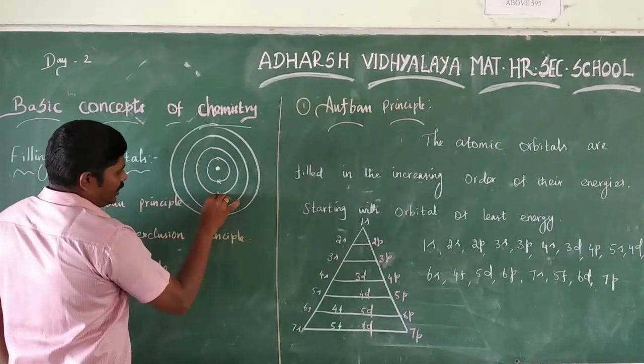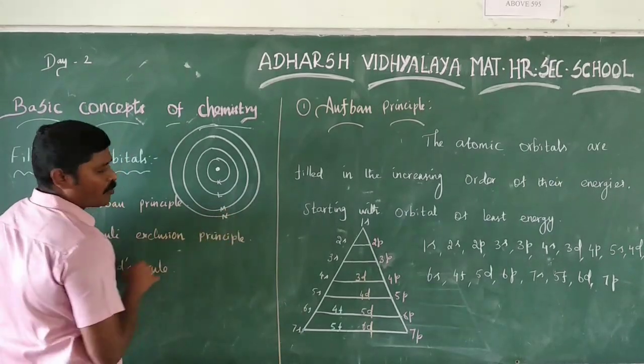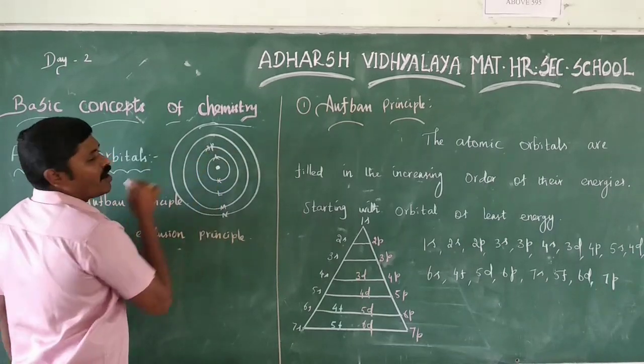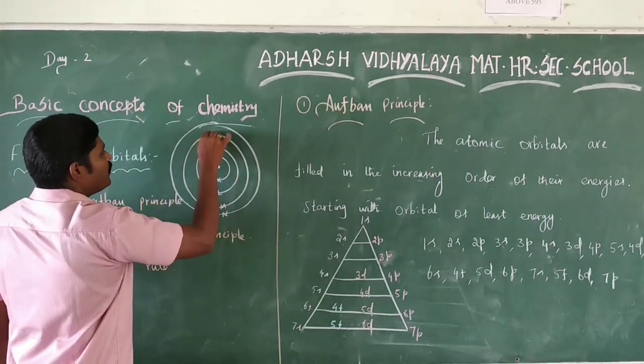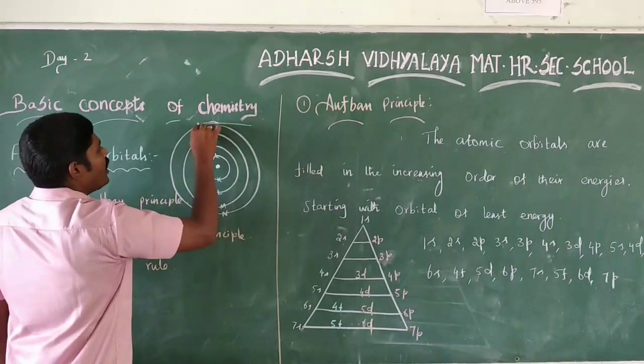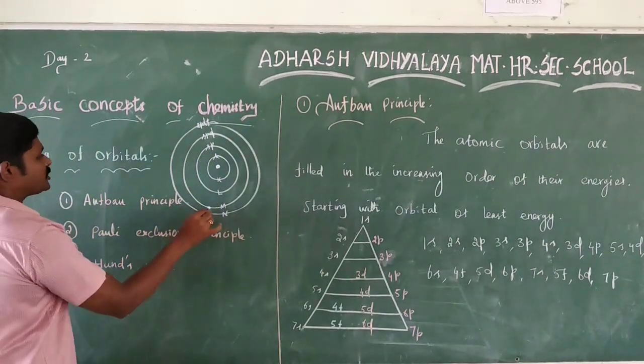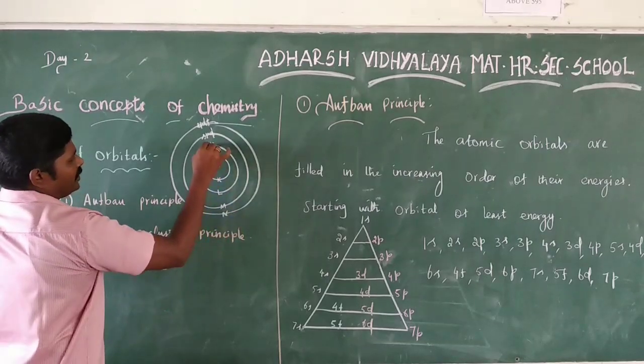K, L, M, N orbits; s orbital, sp orbitals, spd orbitals, and spdf orbitals.